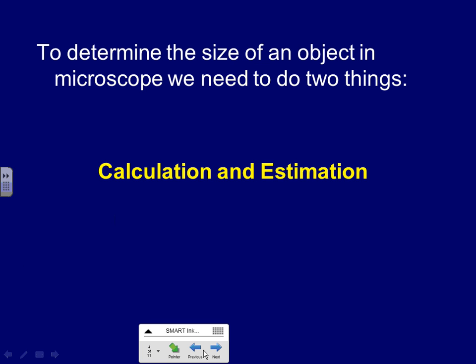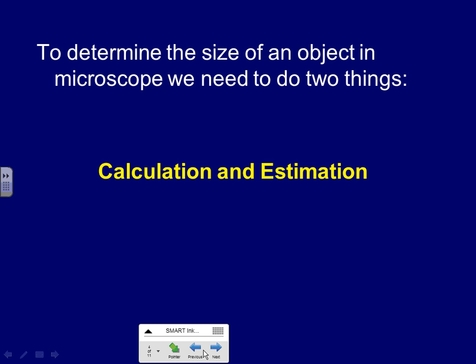Okay. To determine the size of an object in a microscope, we need two things. Number one, a calculation of the diameter of the field of view. How big is that field of view? And number two, we need to estimate how many of our little specimens would fit across the field of view. Because then we can do a simple division, right?